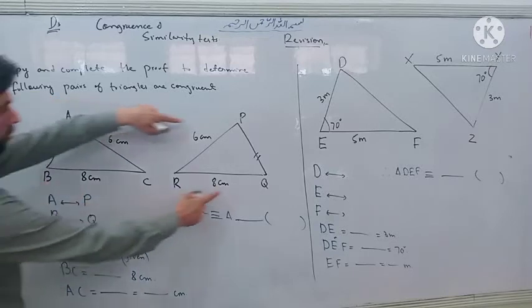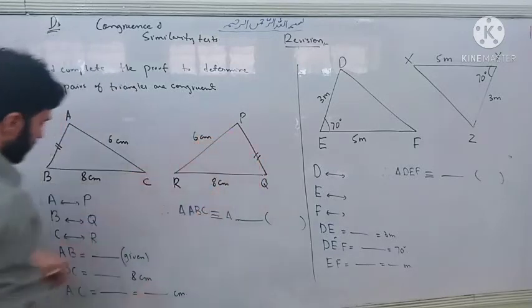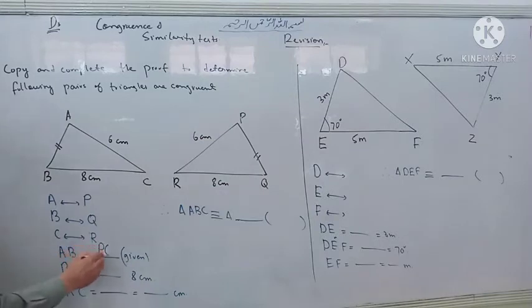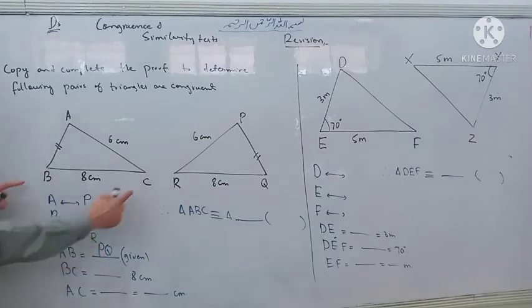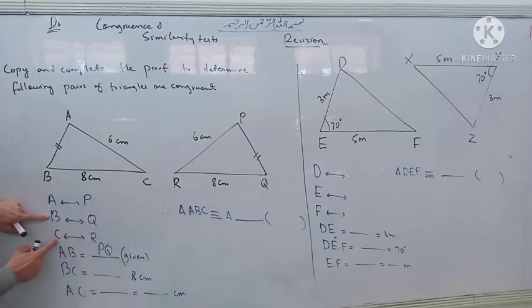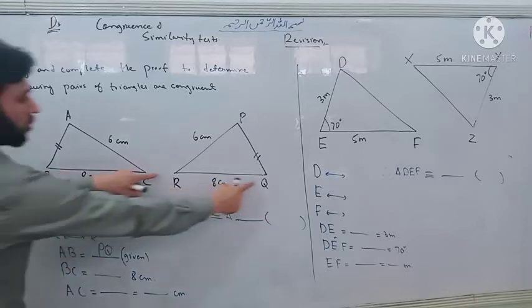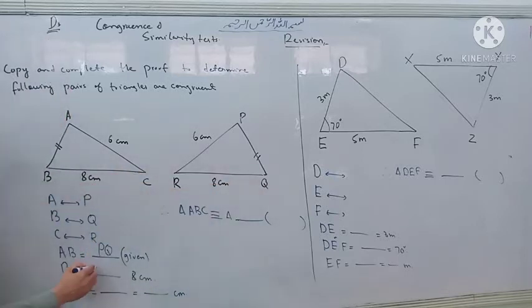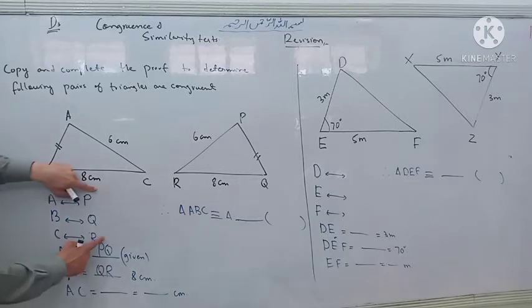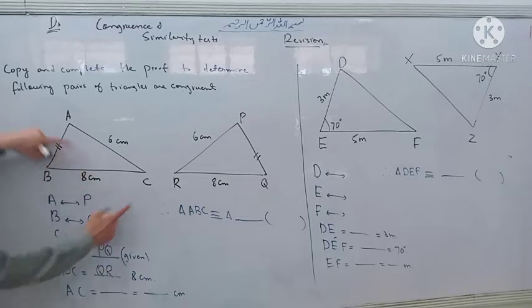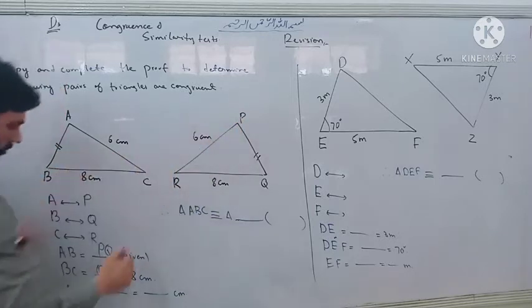AB and PQ are the same because they have the lines. So AB and PQ, it is given. BC, second and last, here QR, second and last, BC and QR, that is 8, right? Then AC, first and last, PR, first and last, AC and PR, 6.